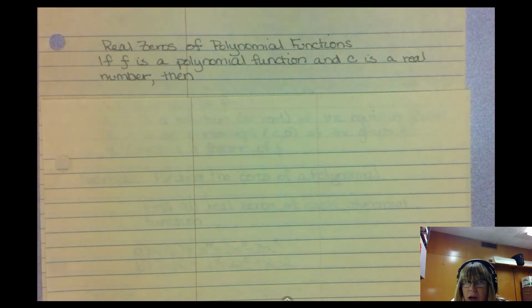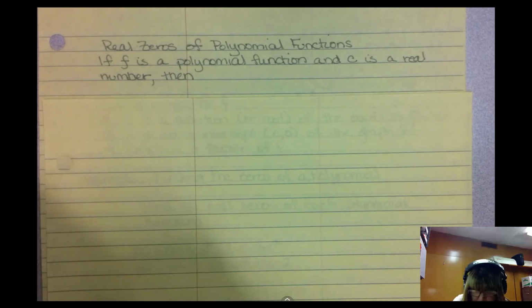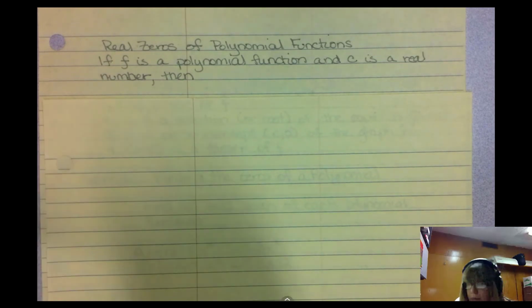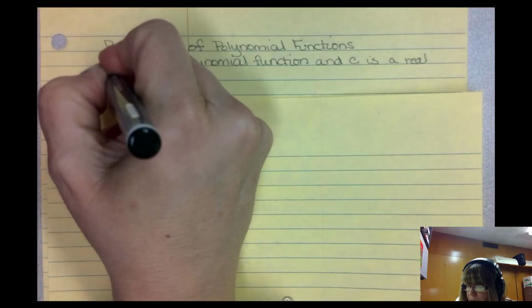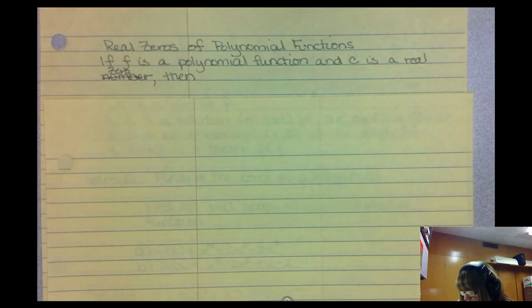Okay, let's talk about the real zeros of a polynomial function. So if f is a polynomial function and c is a real zero, then here's what we know. It is a real number, but it's also a zero of the function.